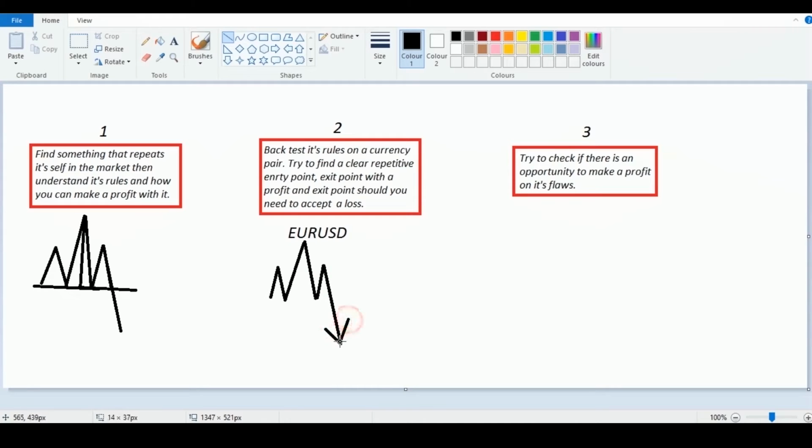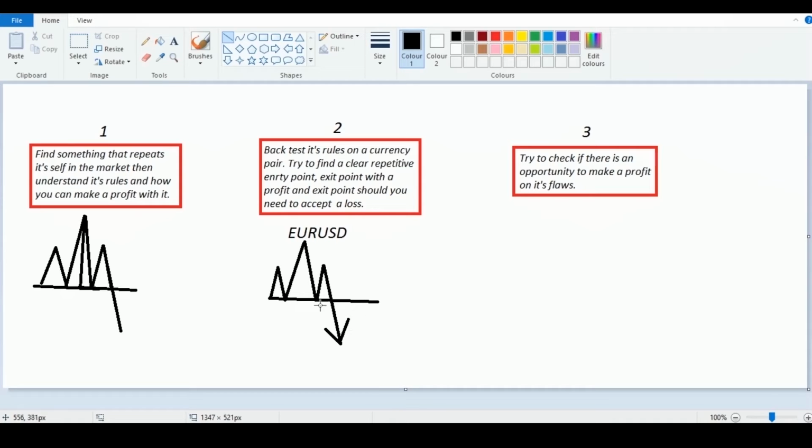So I know 100% that when it breaks the neckline, because I have studied head and shoulders patterns on this currency pair, I know 100% that we are going down by 50% of the head, because this is what I have come to find. This rule of it going 100% is no longer valid. So you need to check if the rules that you have found are still valid on the currency pair that you are testing it on.